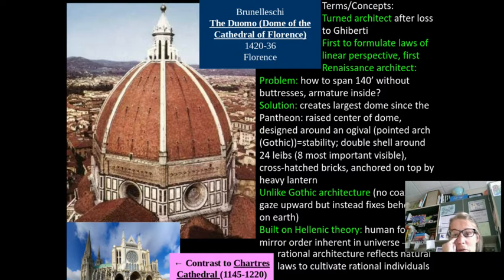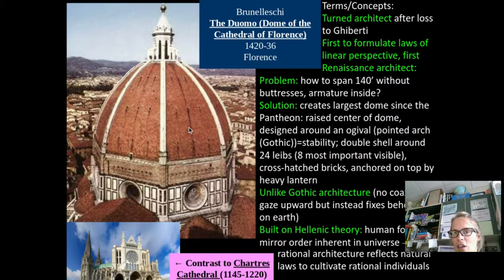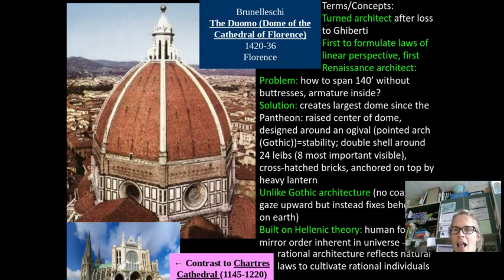So Brunelleschi turns to architecture and ends up being able to design the dome of the cathedral that he lost the door commission for. This is a big deal because it's different and new. He had quite a problem.